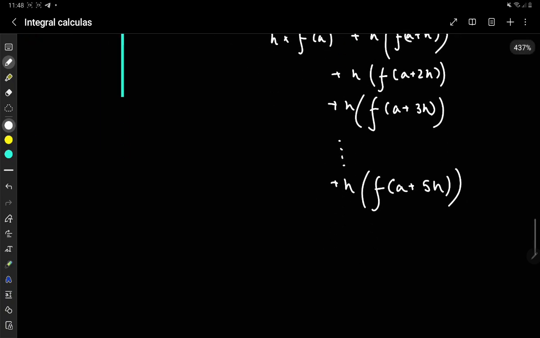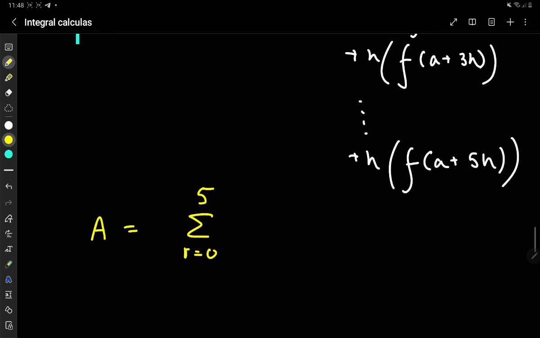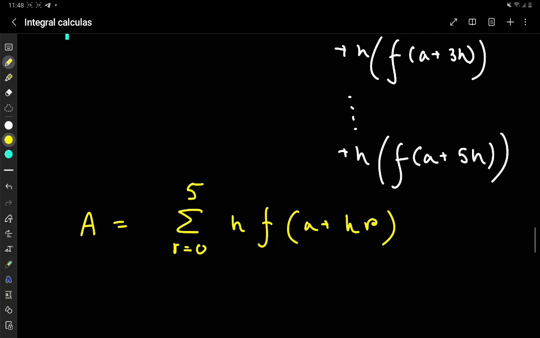So we can write this in the sigma notation as area equals summation r equals 0 to 5, h times f of a plus h times r, right? Let's write this in this way. Yeah, so this is basically the area equation, and over here you'll realize that this is not entirely correct.